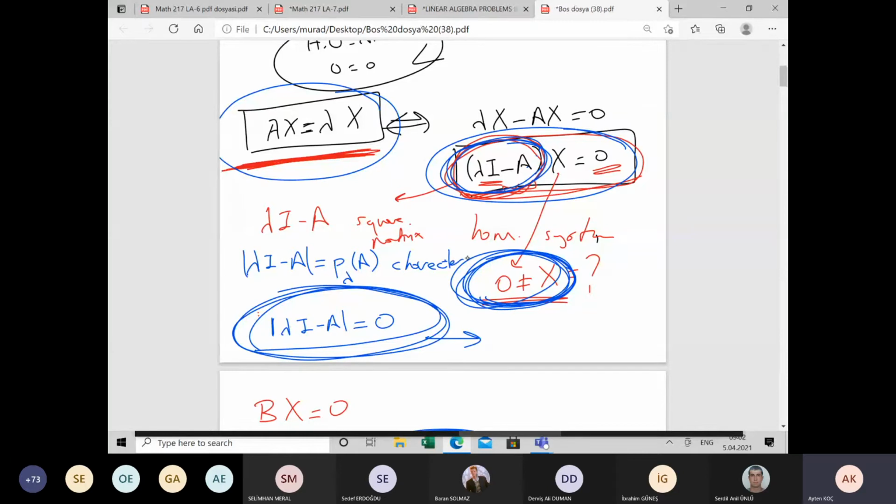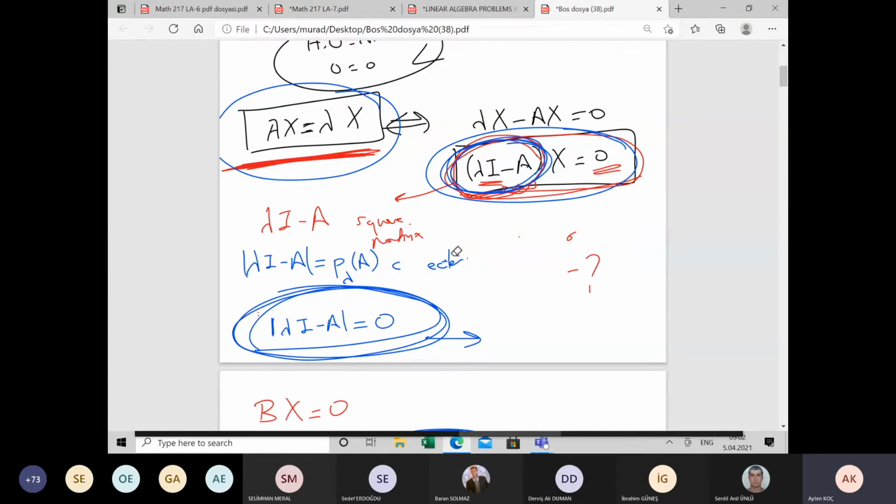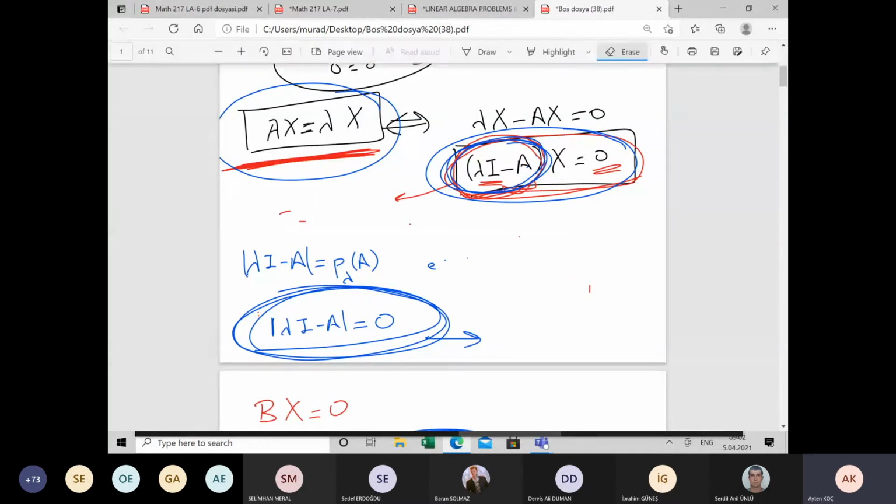This one is denoted by P lambda, the polynomial, and this one is called the characteristic polynomial. And if the polynomial is equal to 0, it is called the characteristic equation.